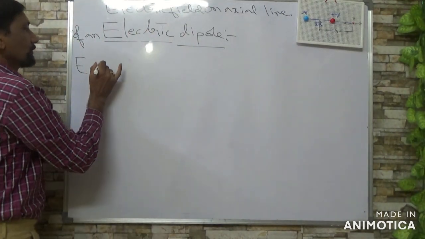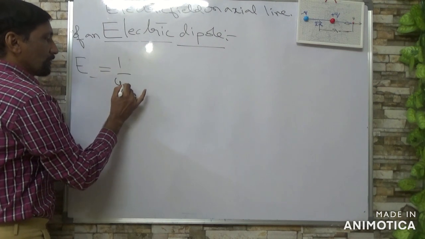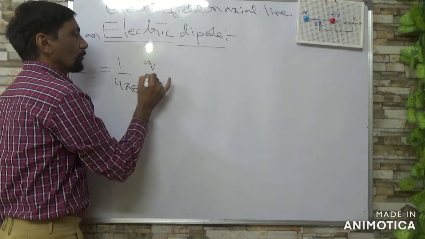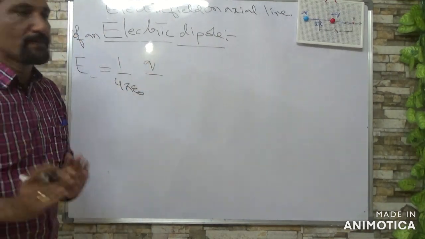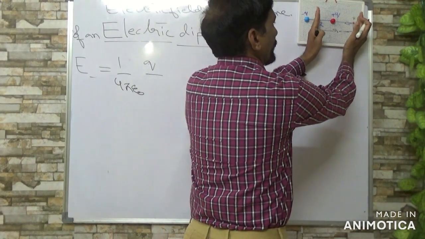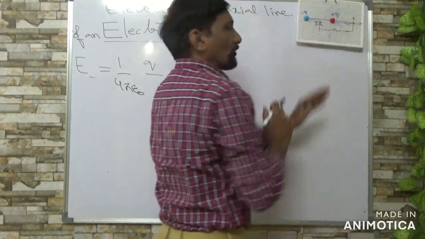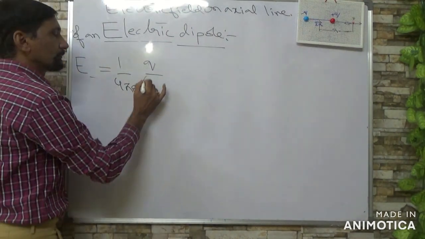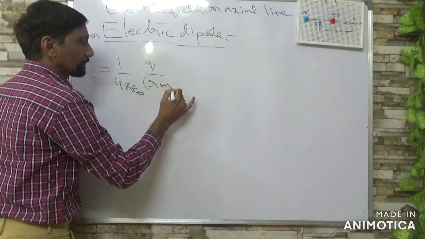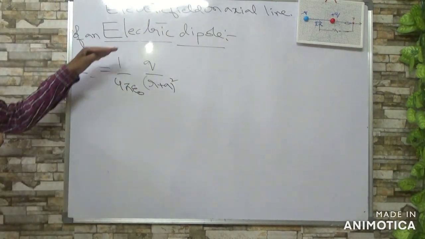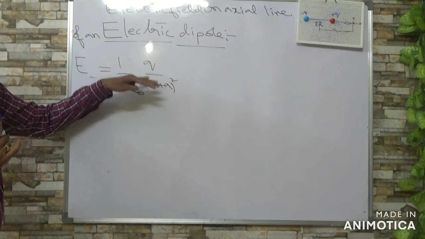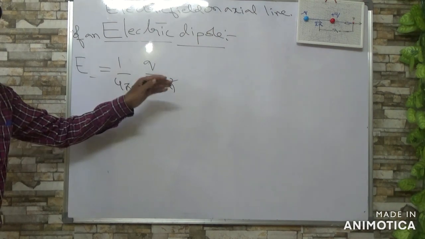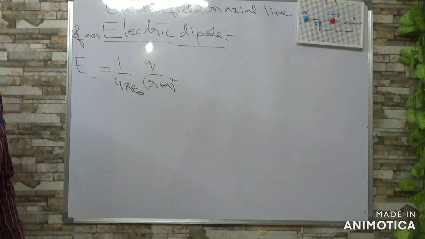You know 1 by 4 pi epsilon naught into q by r square, the distance square. From the midpoint to this point the distance is r, and the total length of the dipole is 2a, so it is (r plus a) whole square. So 1 by 4 pi epsilon naught into q by (r plus a) whole square is the strength of electric field due to the negative charge.